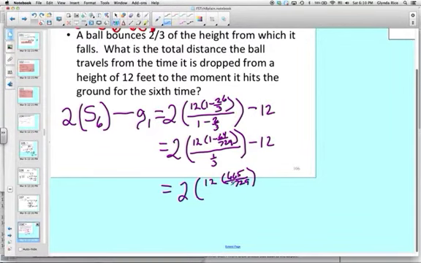Since we are dividing by 1/3, we're going to multiply by 3 over 1. Not sure why I left room for the fraction. Then close the parentheses, minus 12.